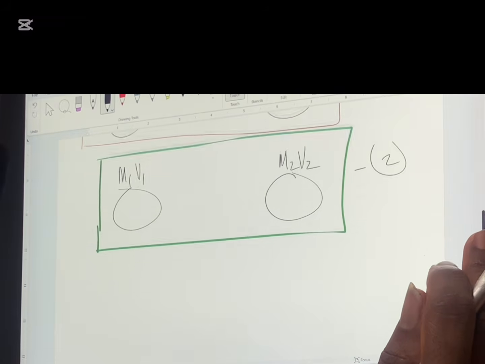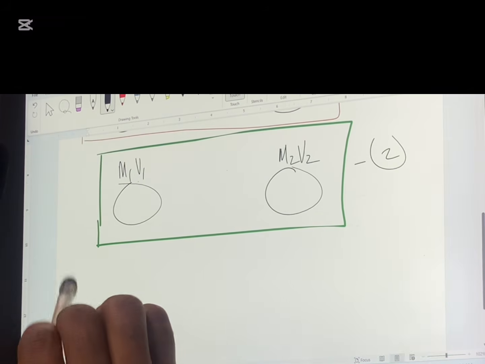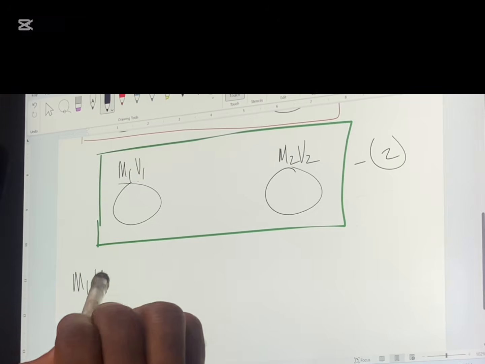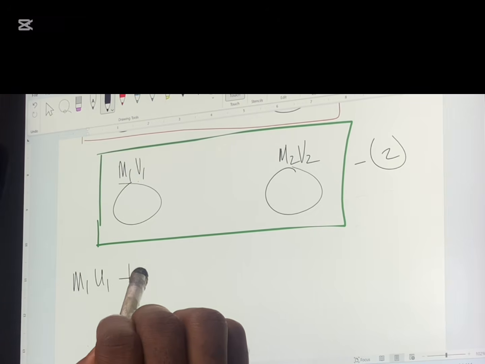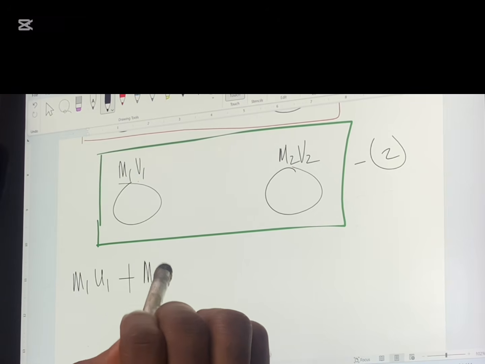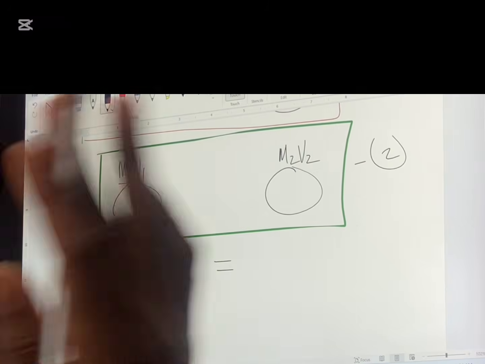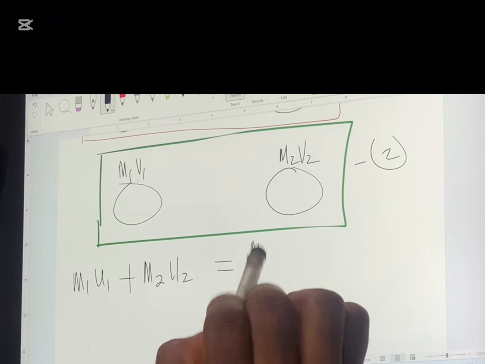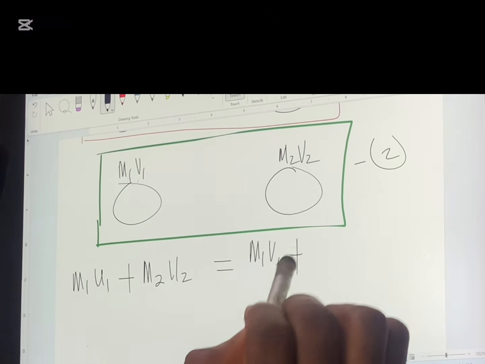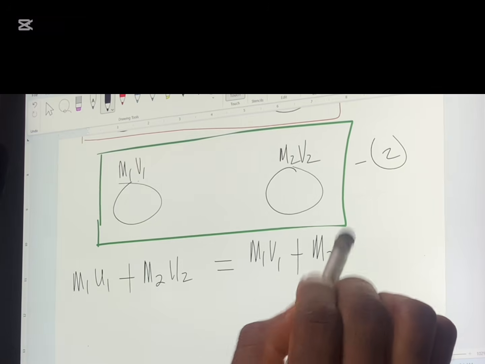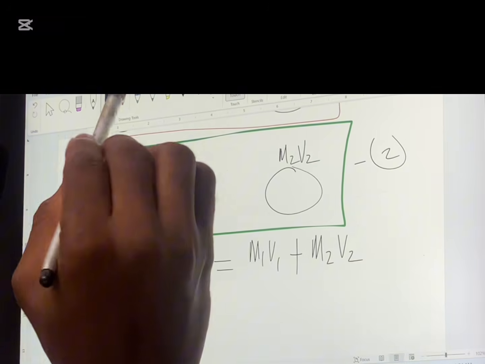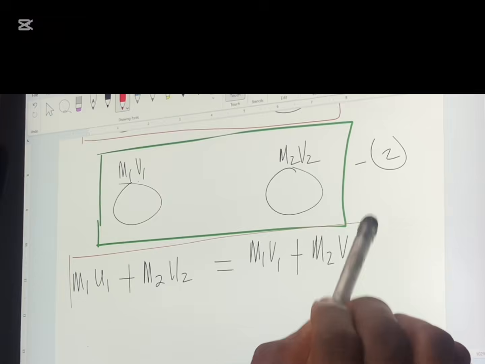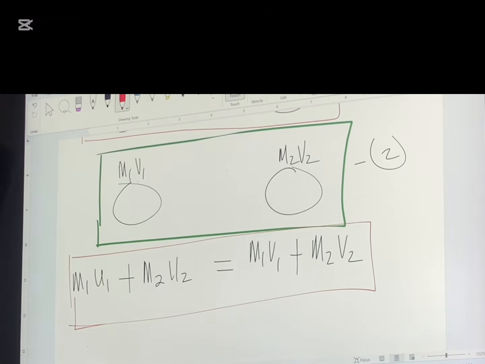So the formula will be m1 u1 plus m2 u2 is equal to, after collision, m1 v1 plus m2 v2. So this formula here is the formula for conservation of linear momentum. Please take note.